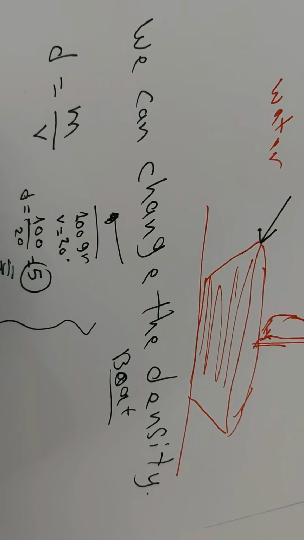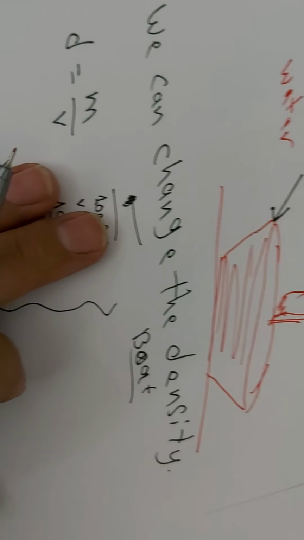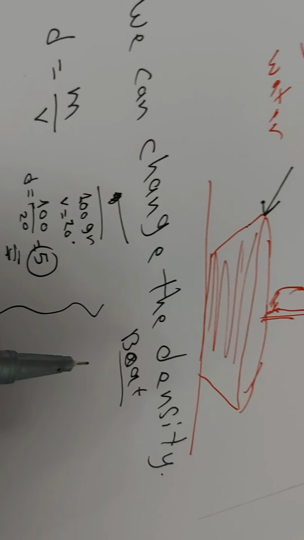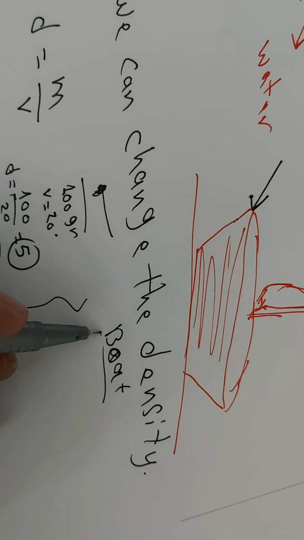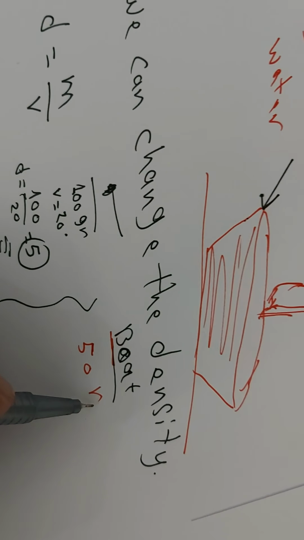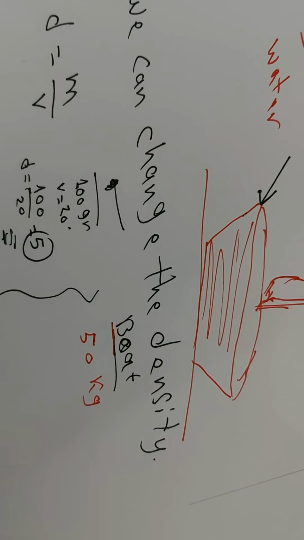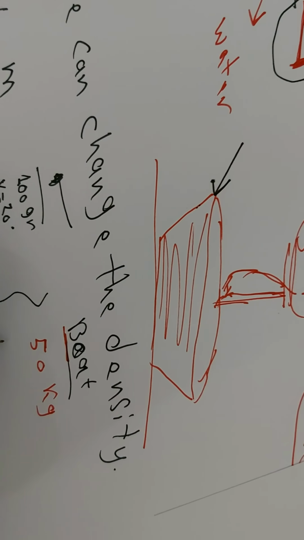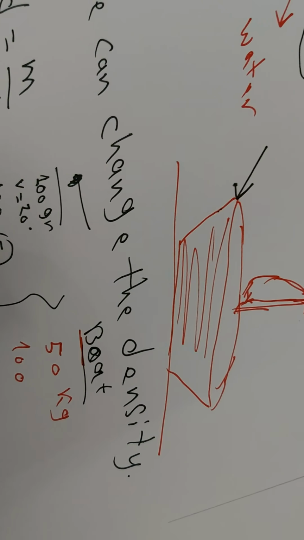Okay, what about the boat? For example, if the mass of this boat is 50 kilograms, but the volume is so big, for example, 100.